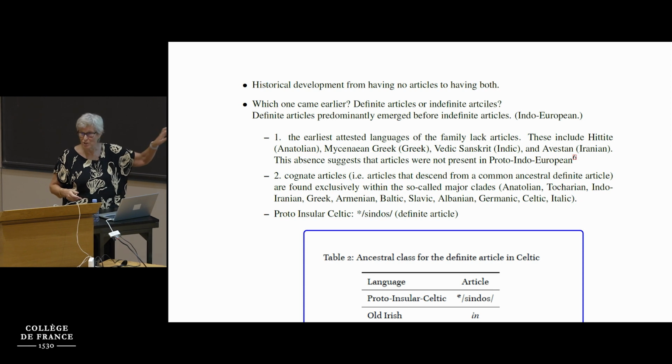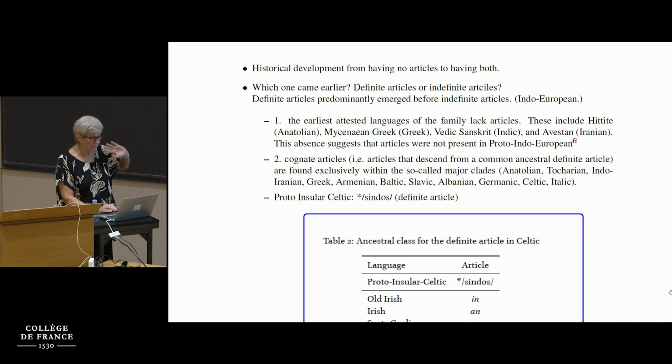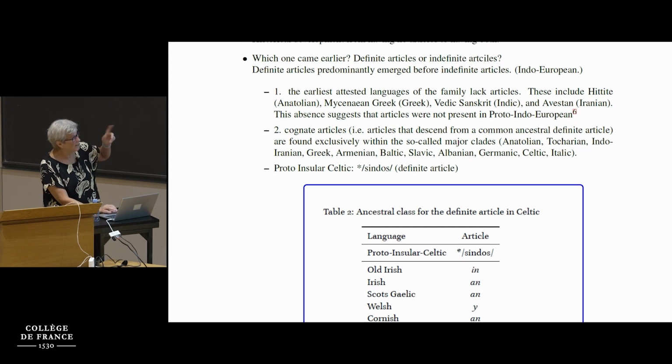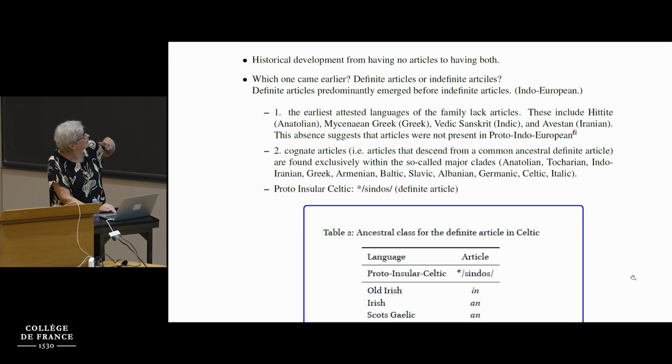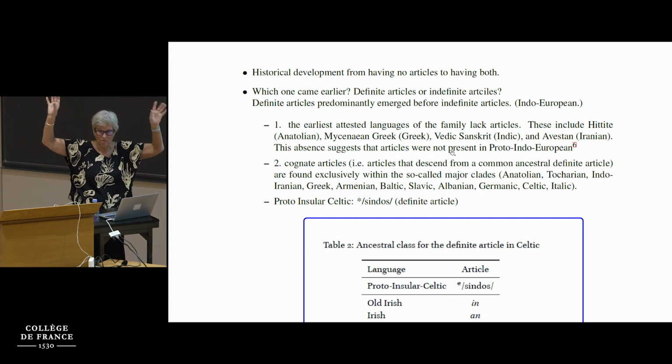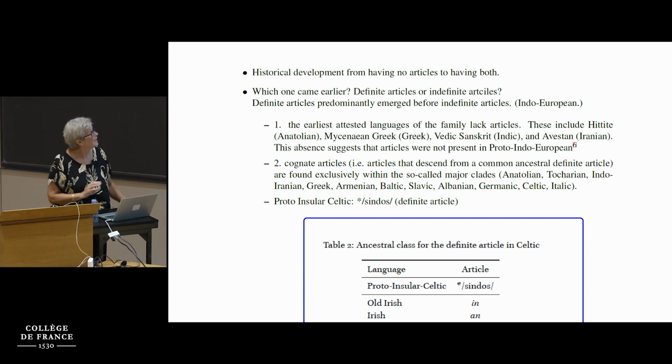Well, it already suggests that the surviving languages had definite articles, the ones that we see. And basically definite articles predominantly emerged before indefinite articles. So the earliest attested languages had no articles, and that suggests there were no articles present in Proto-Indo-European.